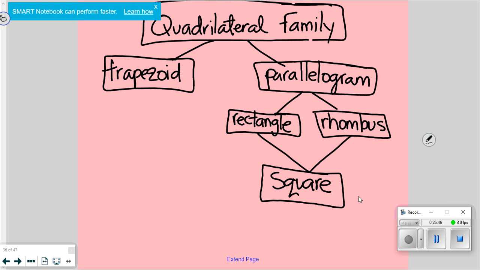No. Are all squares rectangles? Yes. So tricky. Are all quadrilaterals trapezoids? No. Are all trapezoids quadrilaterals? Yes. So tricky. All right, we're going to stop here.